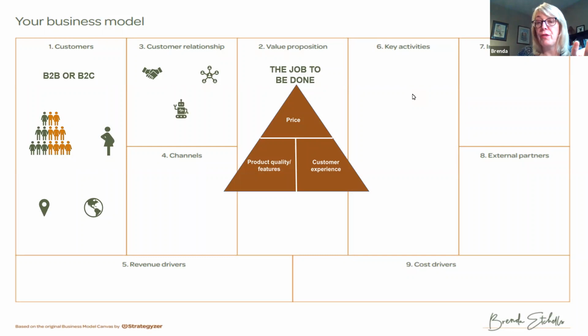It could be it's all done through AI, and in actual fact, you have no direct relationship with your customer and it's all done through AI or robotics or whatever. For each of these boxes, there'll be others as well. I've just put a few in each box just to get you thinking.